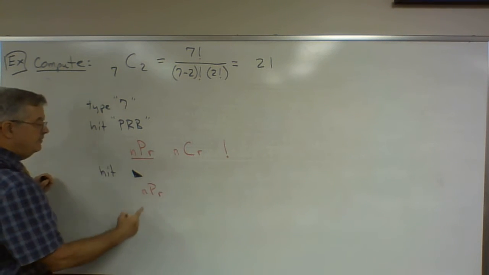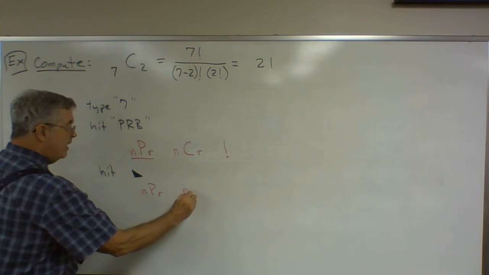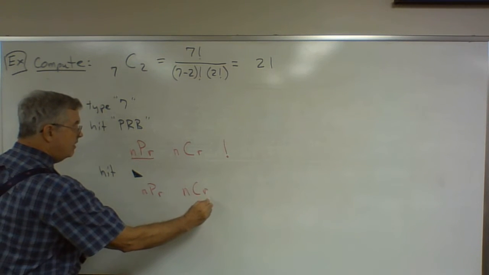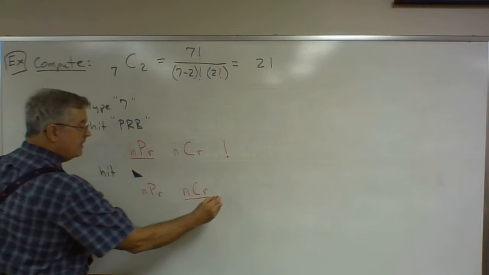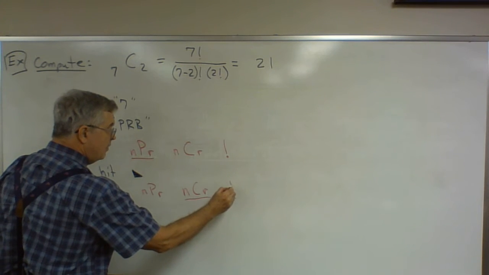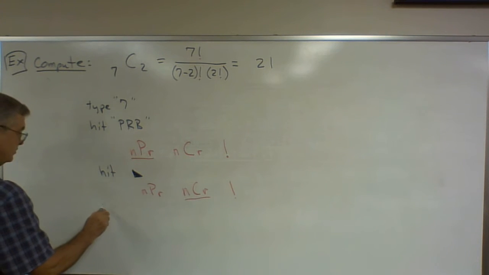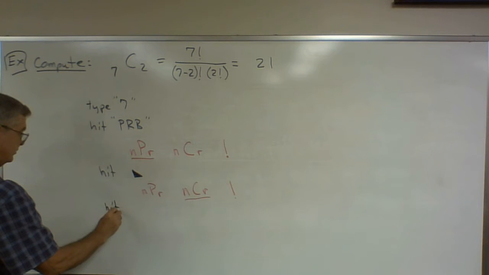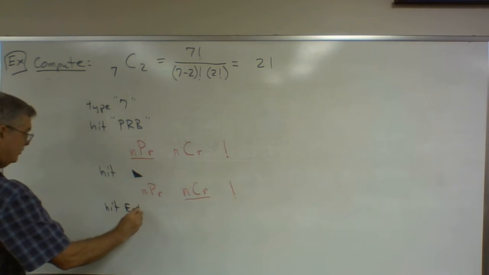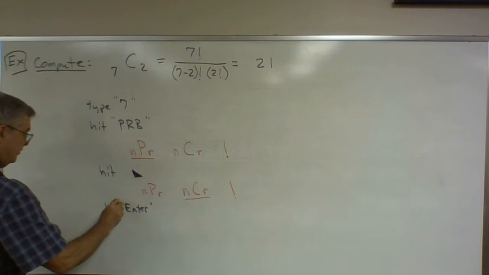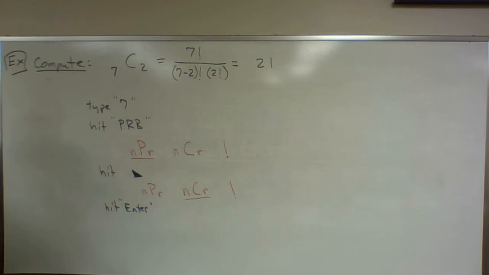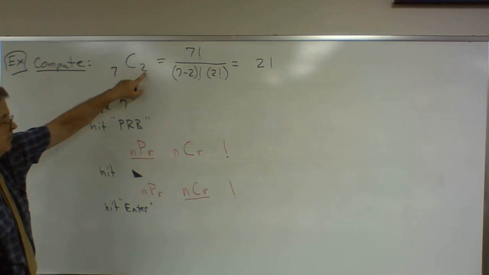And what we'll see is NPR, NCR underlined, and factorial. We'll hit enter. And then we'll type the other number 2.